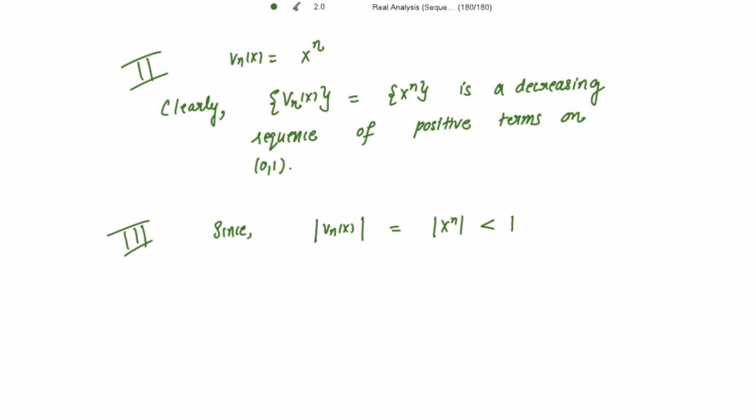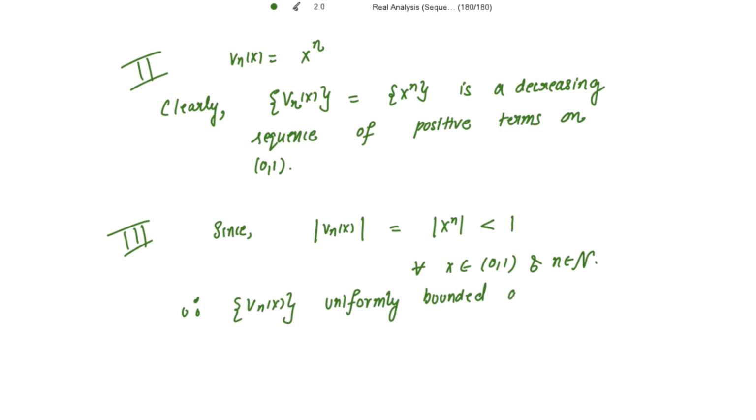So this mod is strictly less than 1 for all x belonging to the open interval (0, 1) and n belonging to the natural numbers. And because the mod of V_n(x) is strictly less than 1, therefore the sequence V_n(x) is uniformly bounded on open interval (0, 1), right? So all these three requirements of Abel's test have been proved. So now we can say that by Abel's test, the given series is uniformly convergent.